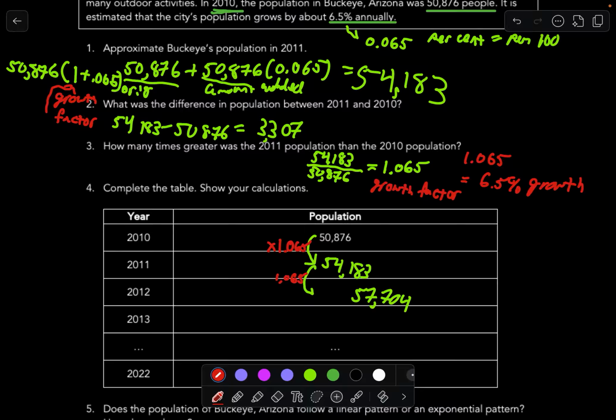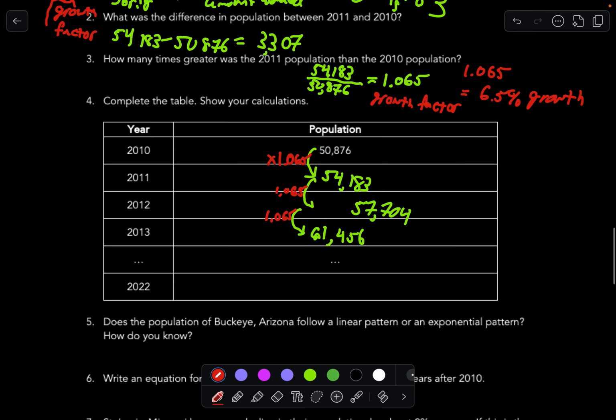And so this one will be 61,456. And again, we're multiplying it by the growth factor of 1.065. All right.